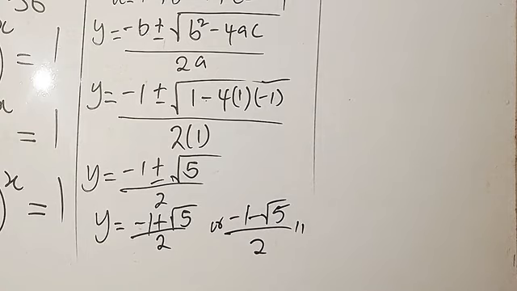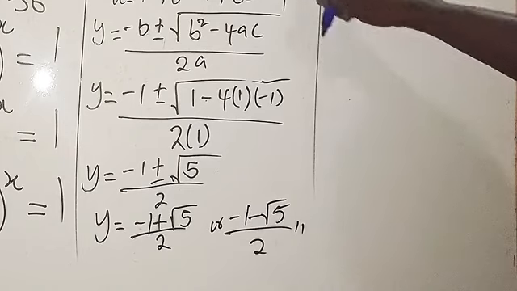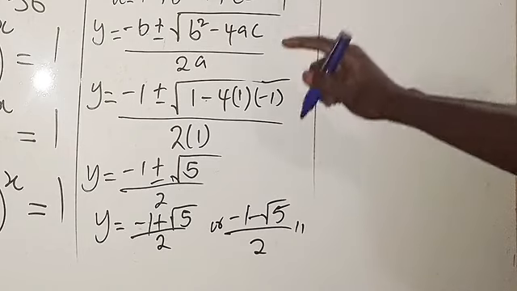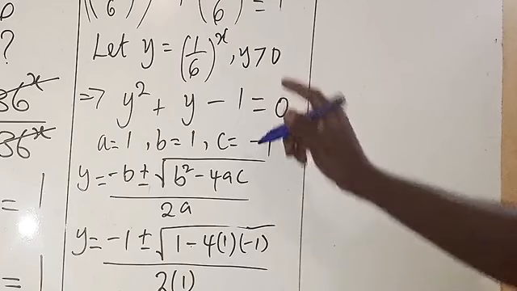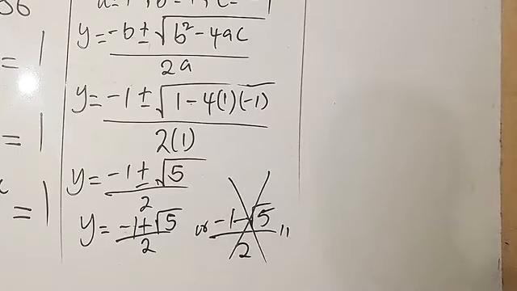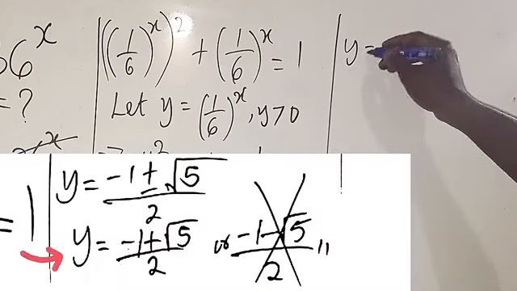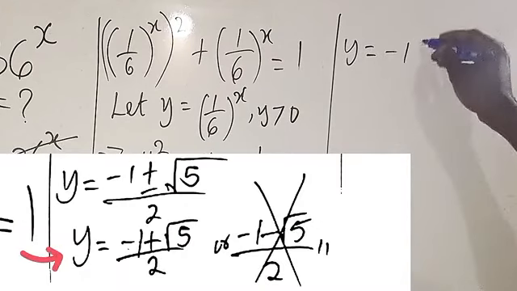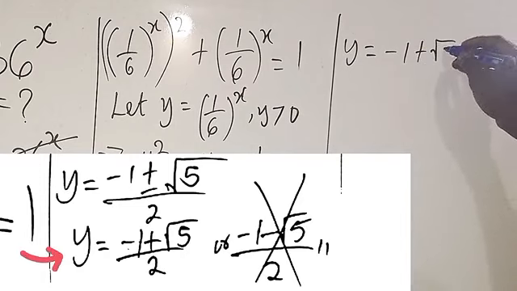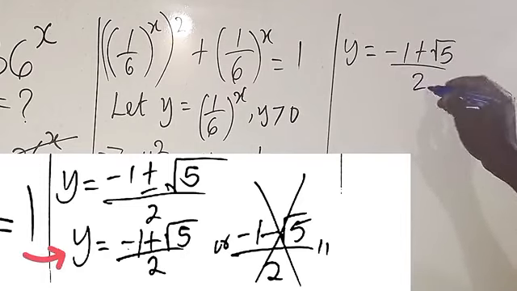So we have these two. Now since we must get the real solution, our y must not be negative. So therefore, this will be discarded. So we're going to pick the value of y, that is minus 1 plus root 5 all over 2.